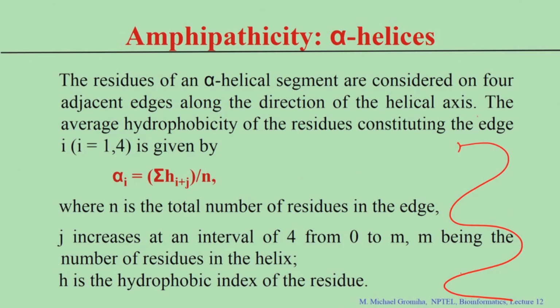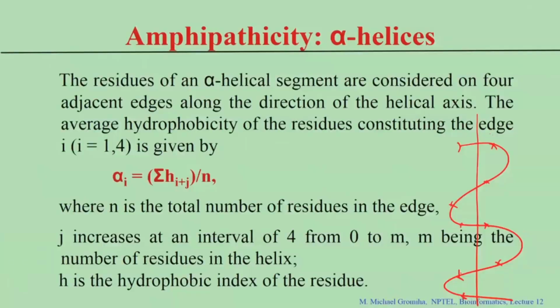So, if you have the helical axis, you can put the residues, 1, 2, 3, 4, the same way 1, 2, 3, 4. So, in this case you can see there are 2 residues on one side and 2 residues on the other side.